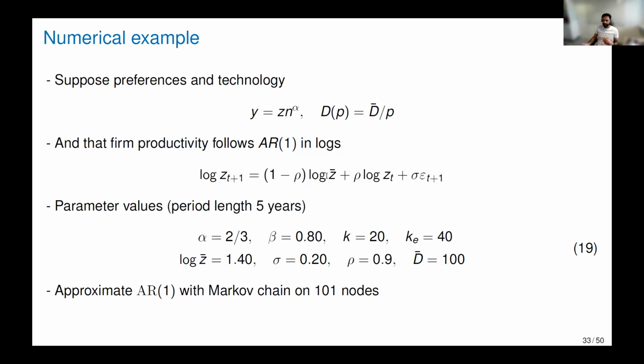What does that mean? You cannot solve for each productivity that a firm can take, because there are infinitely many different productivities within any distribution. So we will divide this distribution into, let's say, n different parts or 100 different parts. Here I am doing it for 100 parts, and a firm can only take one of these 100 different values.